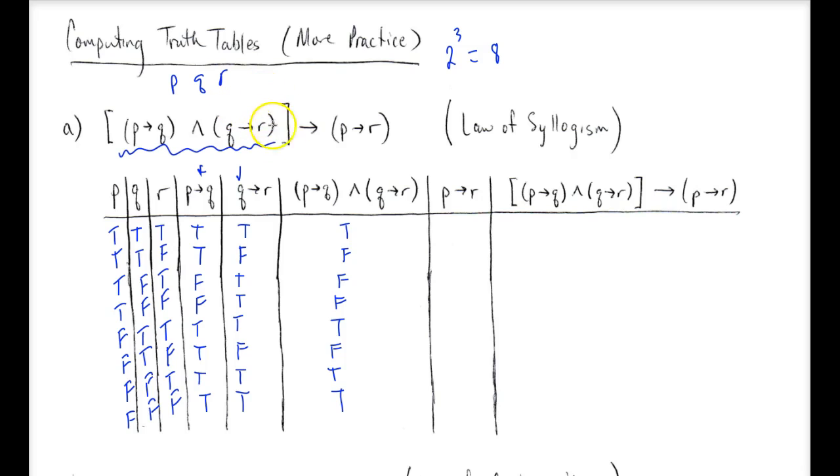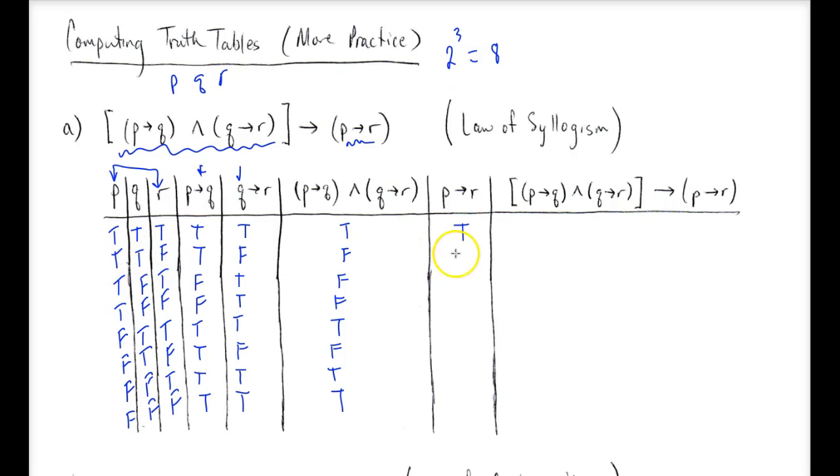So the next thing that we're going to do is work on what is if P then R. Okay? So in this case, we need to look at this column and this column. So let's be very careful when we do that. If we say true, true, it's going to be true.